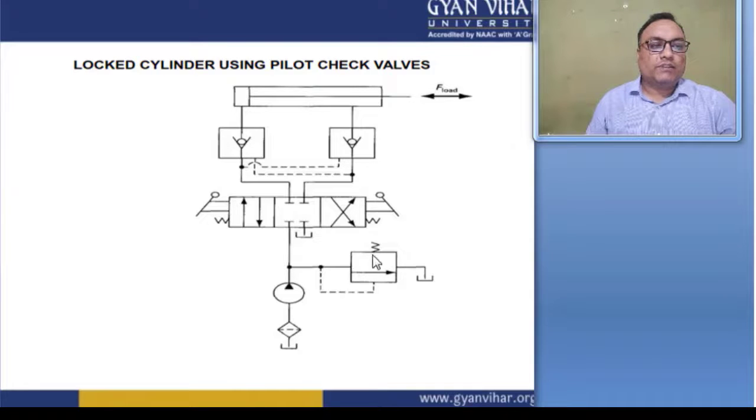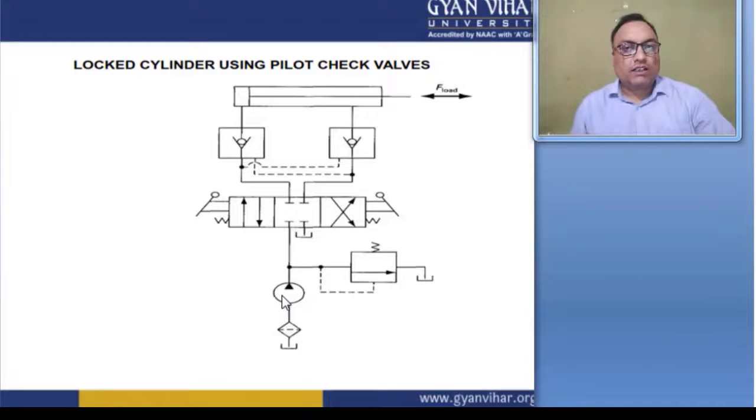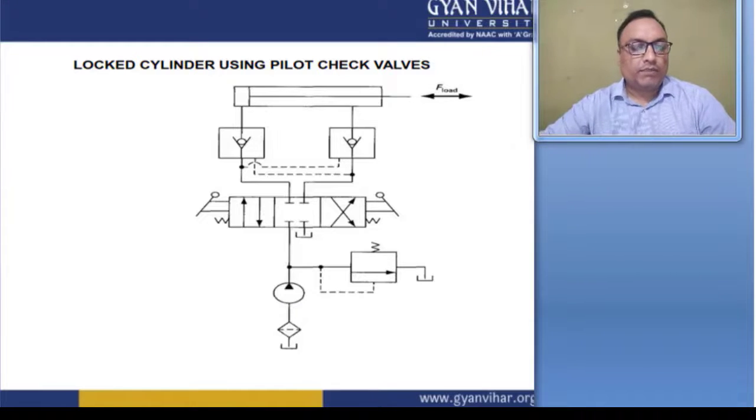This is the pressure reducing valve. If there is any extra high pressure in the hydraulic pressure line, then it reduces the pressure. And this is a constant displacement pump, which means a fixed pump.